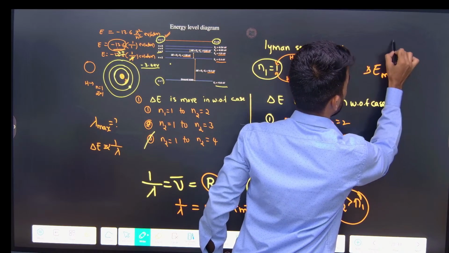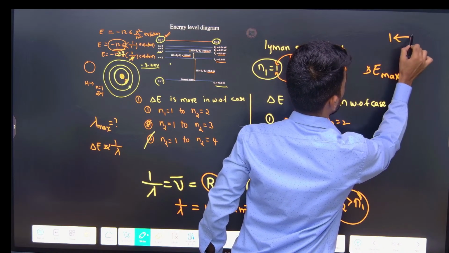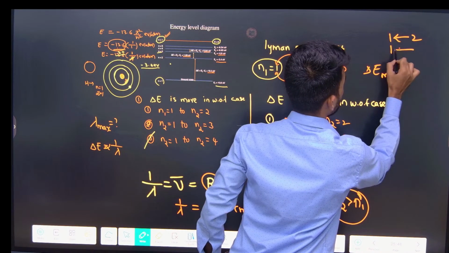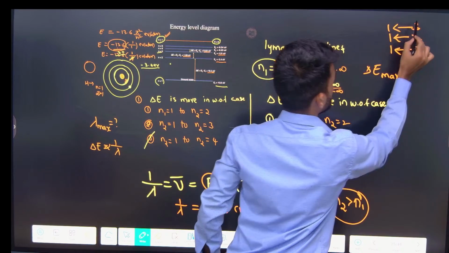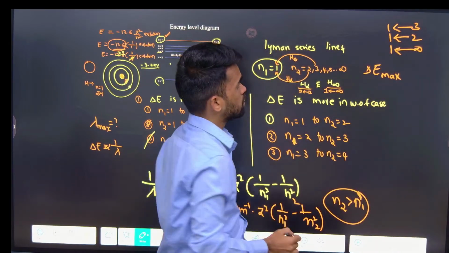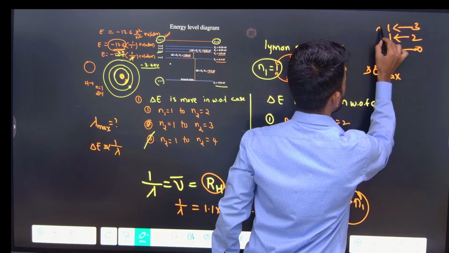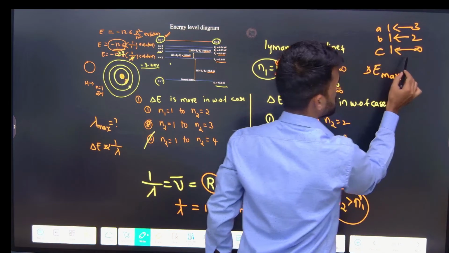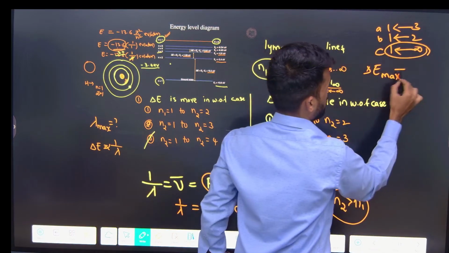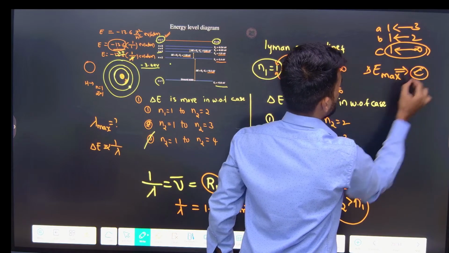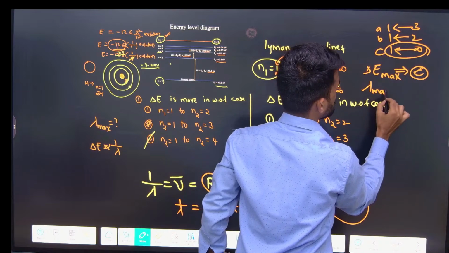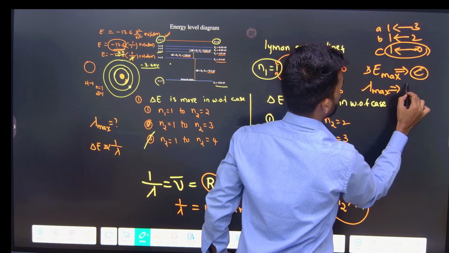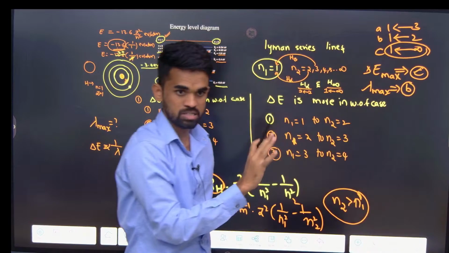If they give 2 to 1, infinite to 1, or 3 to 1, which has the maximum? Infinite to 1. So if I say A, B, C, which is maximum? C. So energy max is the C option. If I ask for lambda max? 2 to 1. This is B. Do you get what we are solving here?